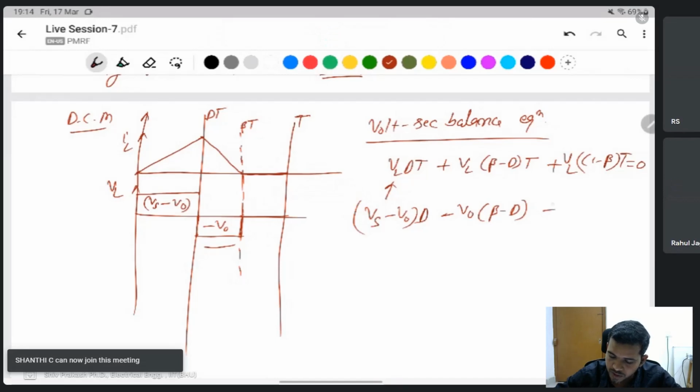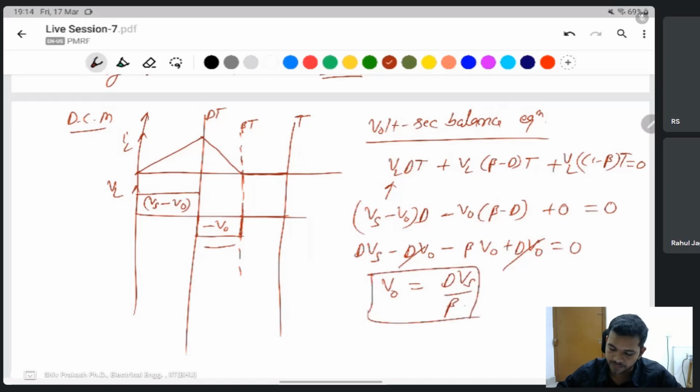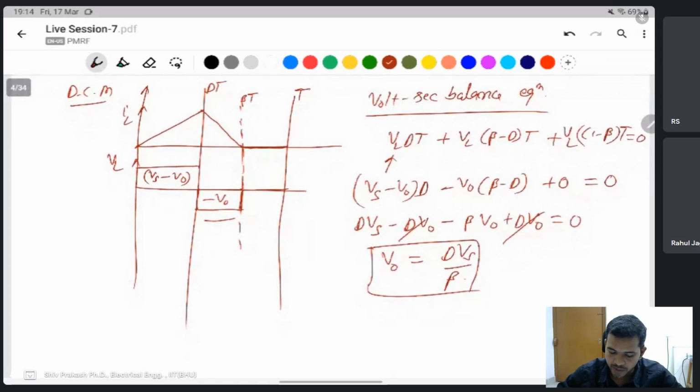Then D Vs minus D V0 minus beta V0 plus D V0 is equal to 0. D V0 cancels out, so V0 is equal to D Vs divided by beta. This is the output voltage of the buck converter in discontinuous conduction mode.